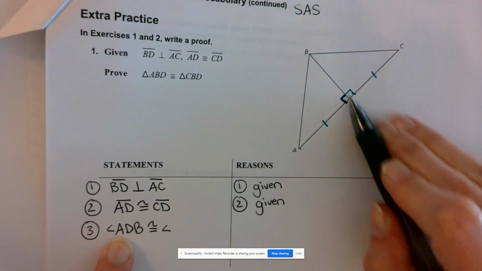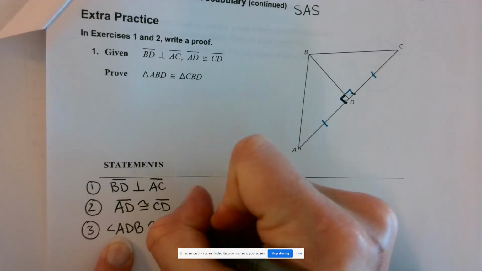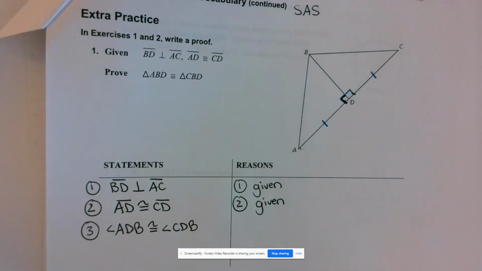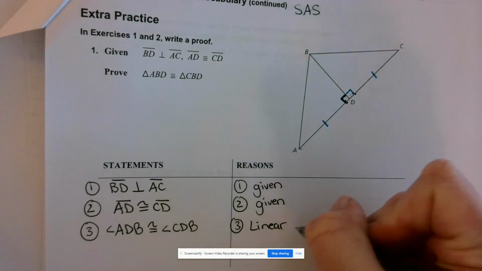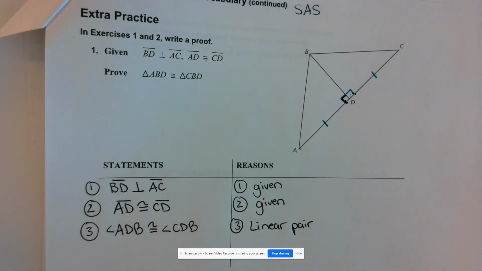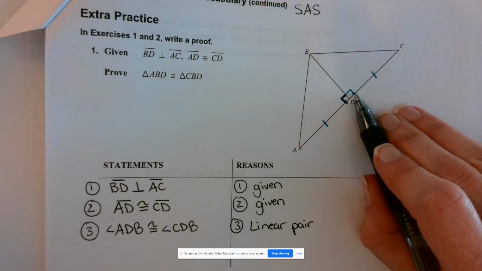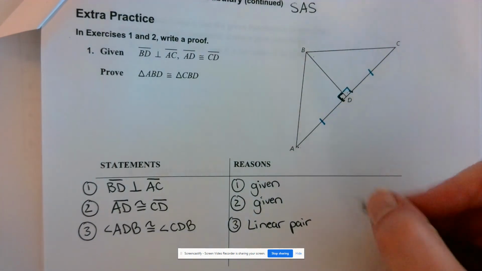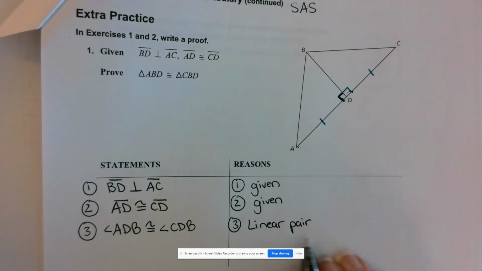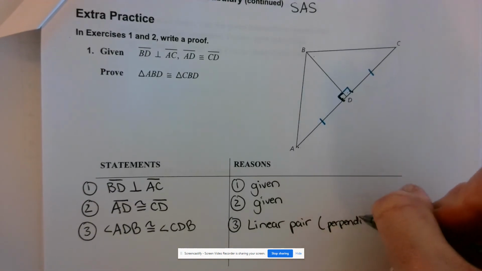So angle ADB is congruent to angle CDB. And we know that because they were a linear pair. And we had that linear pair perpendicular theorem, which just said if you have a linear pair, and this is a right angle, the other one also has to be a right angle. So linear pair will work. I'm just going to put in parentheses perpendicular theorem.